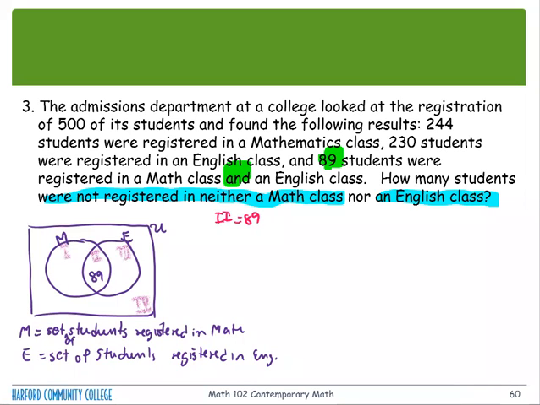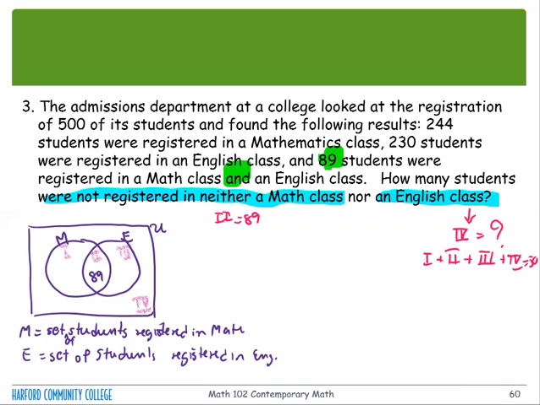The problem asks for how many students were registered in neither a math class nor an English class. Basically it asks for the number in region 4. The information that we have is that the total number of students is 500. That means region 1 plus region 2 plus region 3 plus region 4 equals 500. We're asking for region 4.